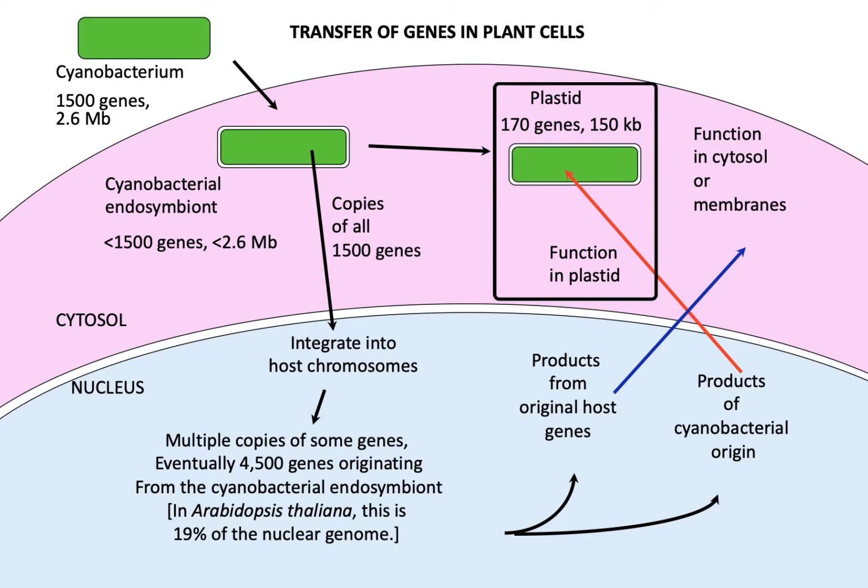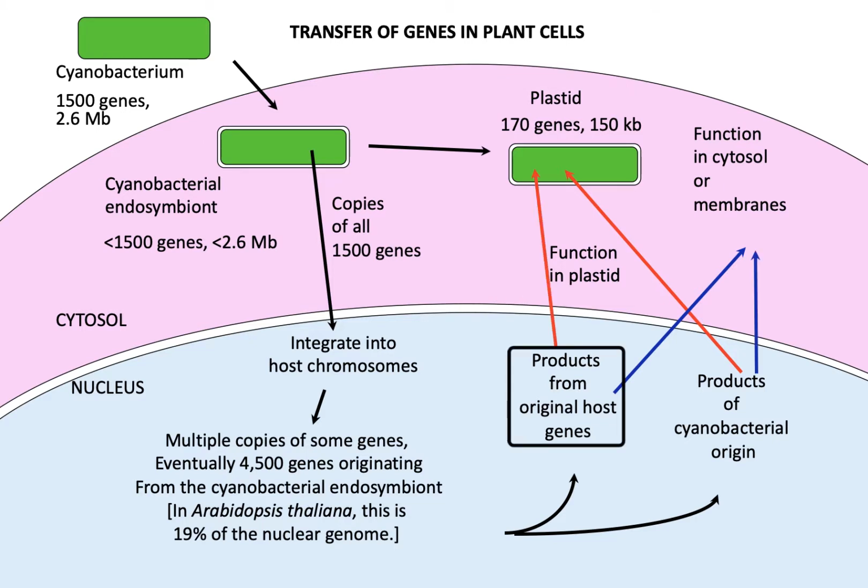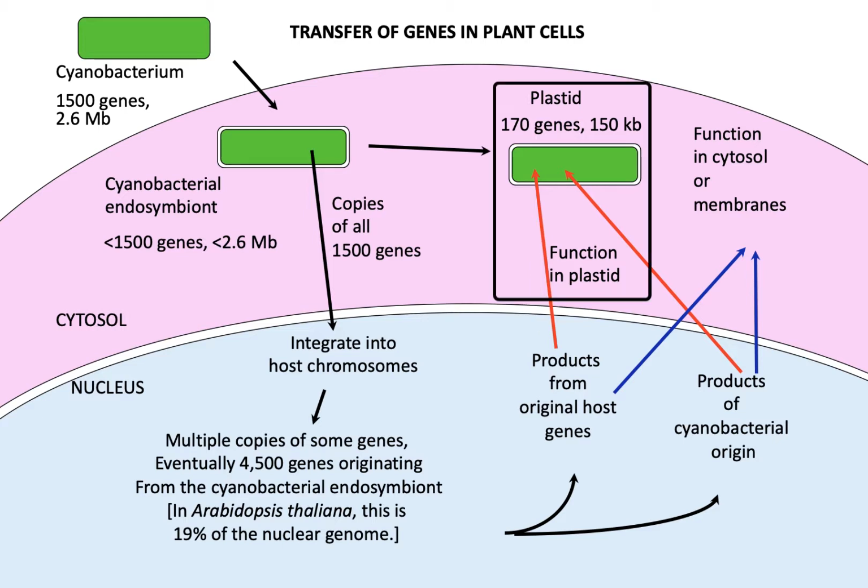And if that were all that happened, then things would be fairly simple, but it was discovered that many of the products from the host genes, again, the RNAs moved out into the cytosol, were translated on cytosolic ribosomes, but they moved into the plastid for their function.